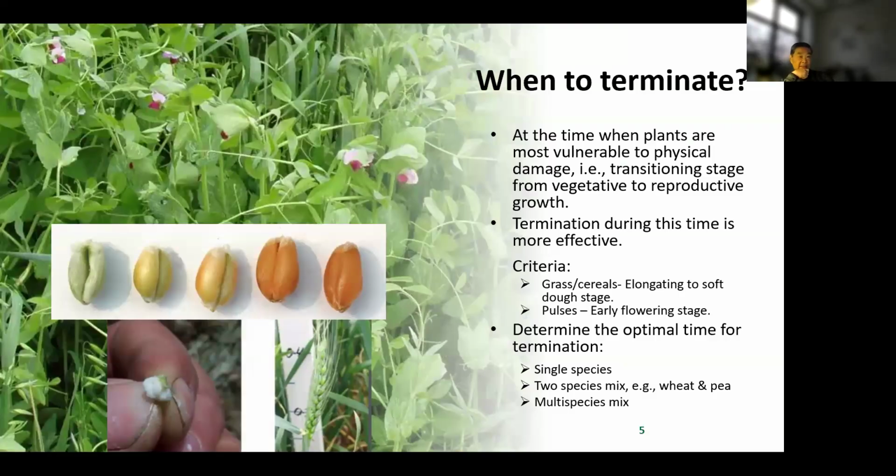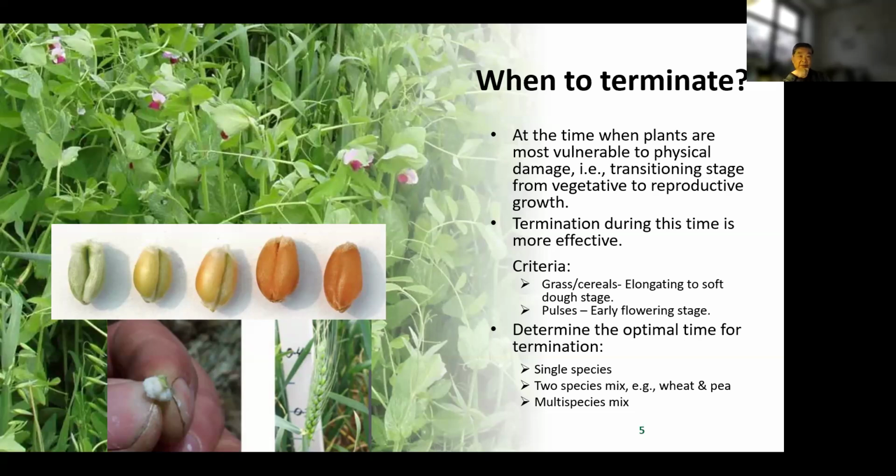So when to terminate? The termination should occur at the time when the plants are most vulnerable to physical damage. That time is the transitional stage from vegetative growth to reproductive growth. So termination during this time is more effective.